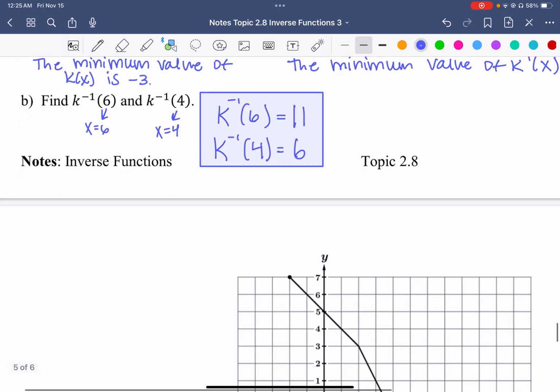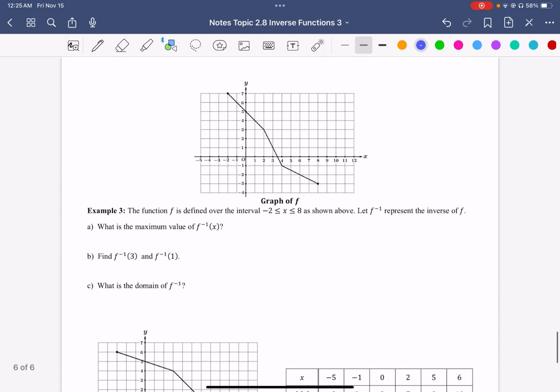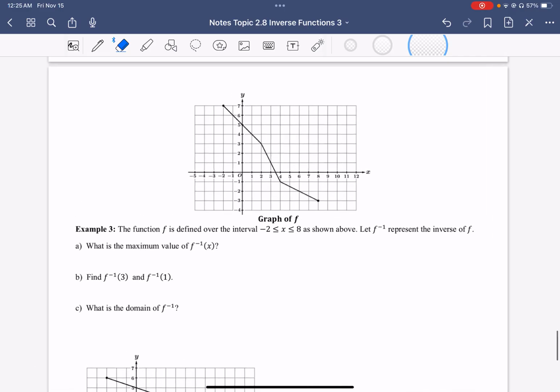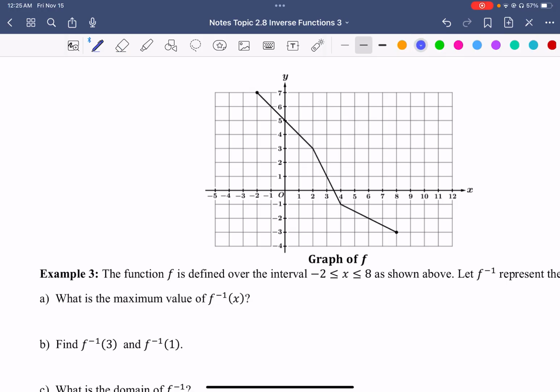Okay, let's do another example. So example 3 says that the function f is defined over the interval -2 to 8 as shown above. Let the inverse of f represent the inverse of f. What is the maximum value of the inverse of f of x? Okay, so the first thing we can do is find the domain and range of f of x, and then we can flip them to find the domain and range of the inverse of f of x. So the domain was given to us, it was -2 to 8.